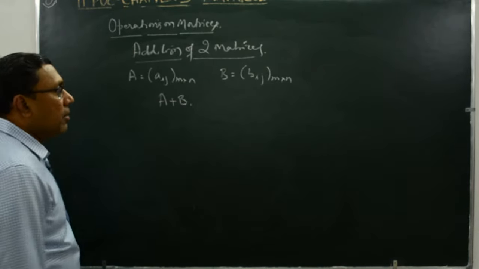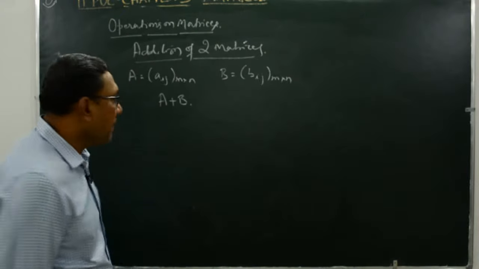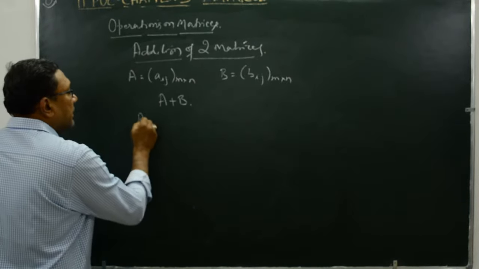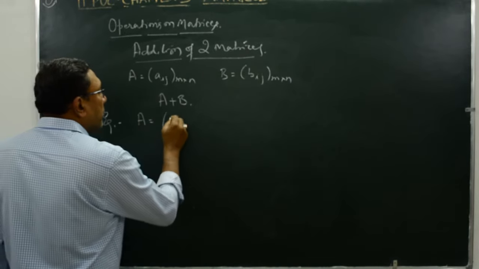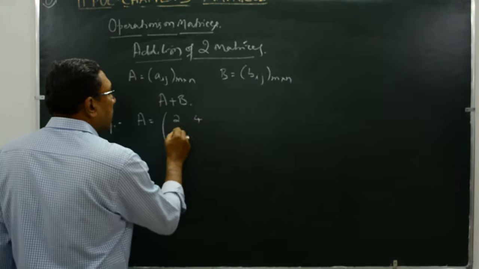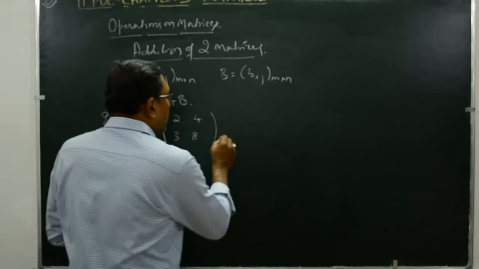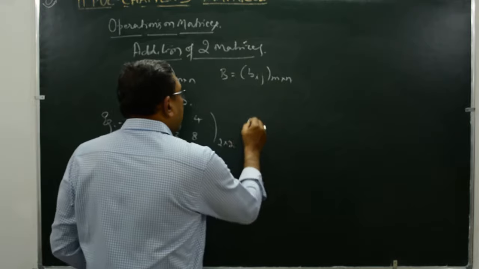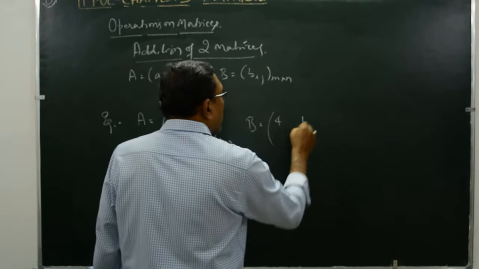For example, let us consider two matrices; the order should be the same. Let us consider a matrix A equal to [2, 4; 3, 8] of order 2 by 2, and B is a matrix of order again 2 by 2, [4, 1; 6, 3].